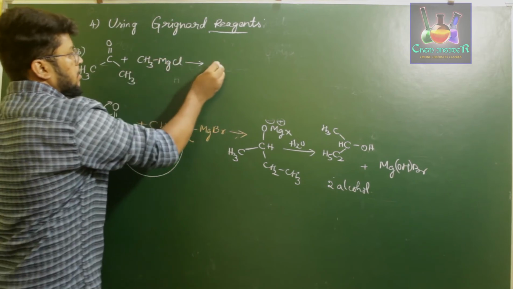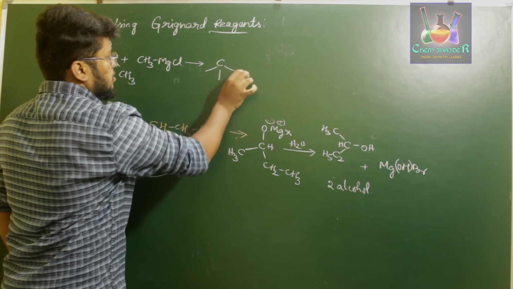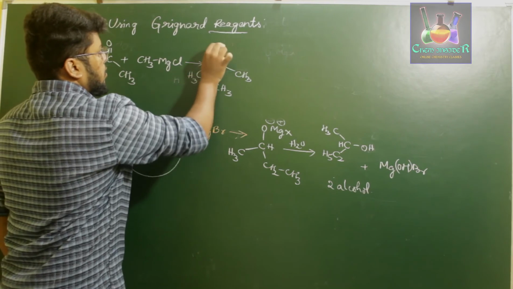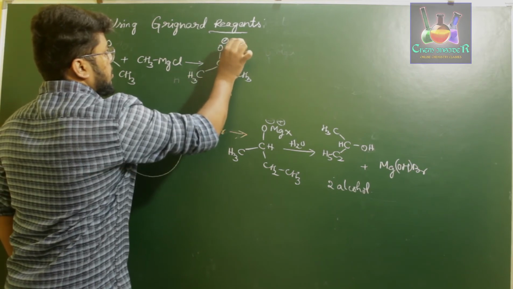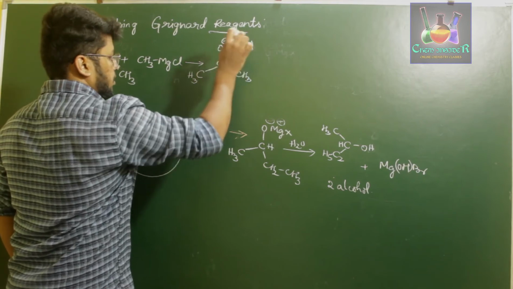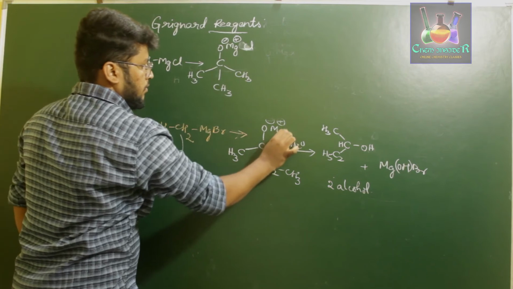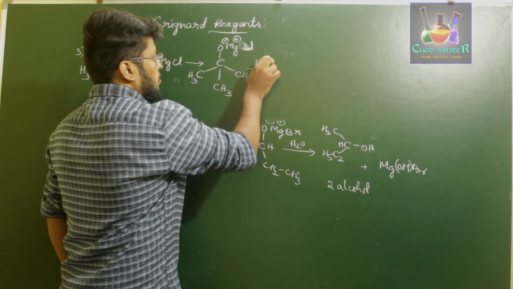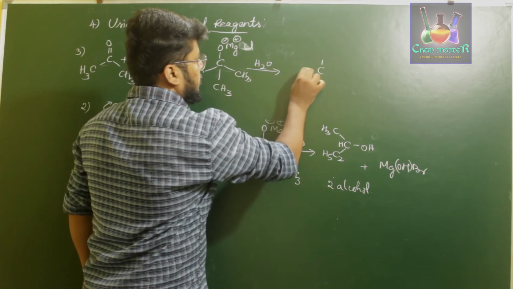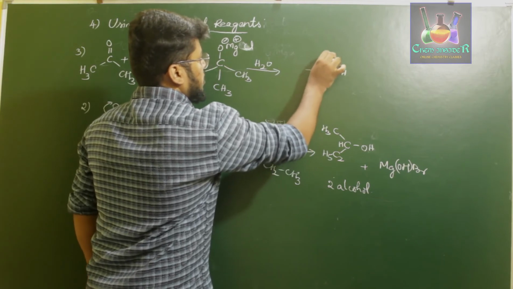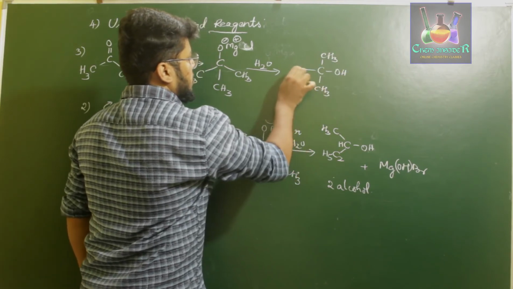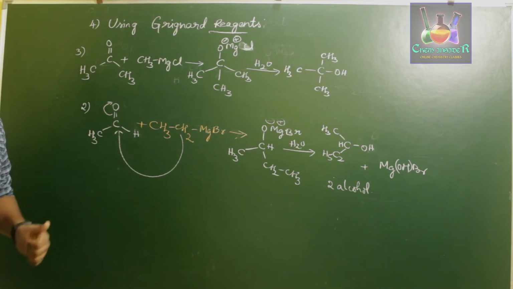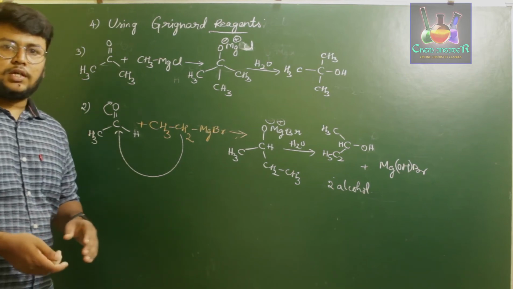So that gives us CH3, O minus MgCl plus, which on hydrolysis gives us OH, CH3, that is our tertiary alcohol. So this is how we prepare primary, secondary and tertiary alcohol using Grignard reagent.